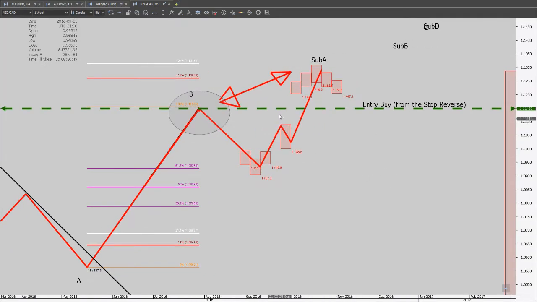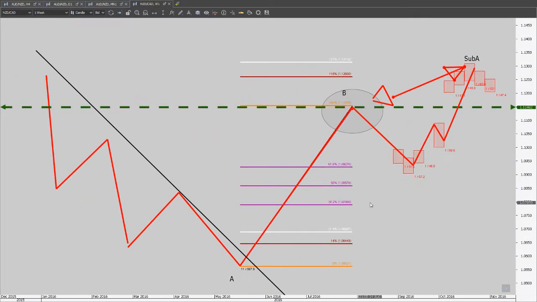And the market just made another higher high. So this is now our sub A, and of course this sub A is speculative in nature, because we don't know what the market is going to do, right? And this is the challenging part. Now, but this is the sub A. Passion, how do you know?